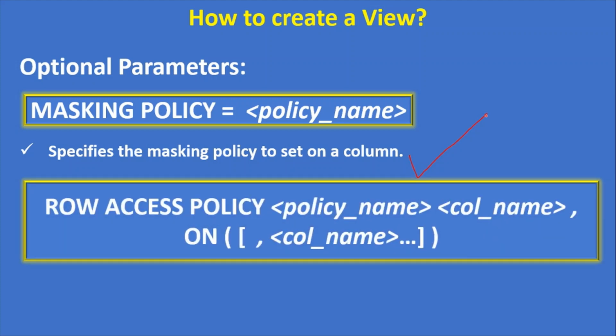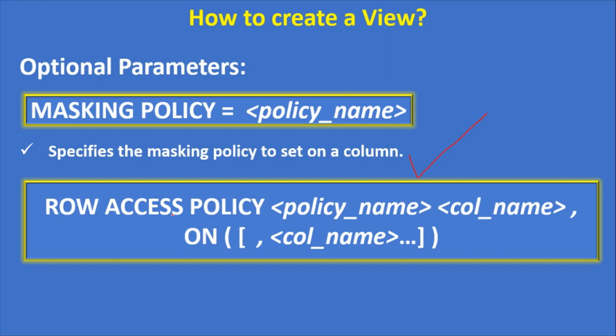And the other one is the row access policy. This is a new concept which Snowflake introduced a few months ago. For example, in a view you have department numbers 10, 20, 30, 40. While creating that view, you want to apply the row access policy based on your role. Say an employee belongs to department 10.